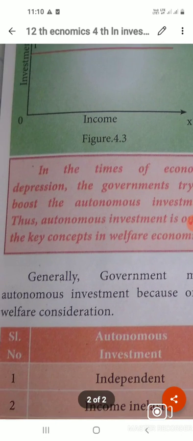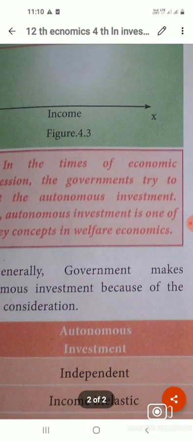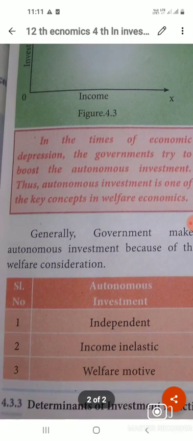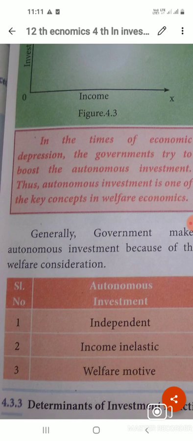Next, in times of economic depression, suppose a depression period comes, the government tries to solve this problem through autonomous investment. Autonomous investment is only for the welfare motive. This is done by the government only.